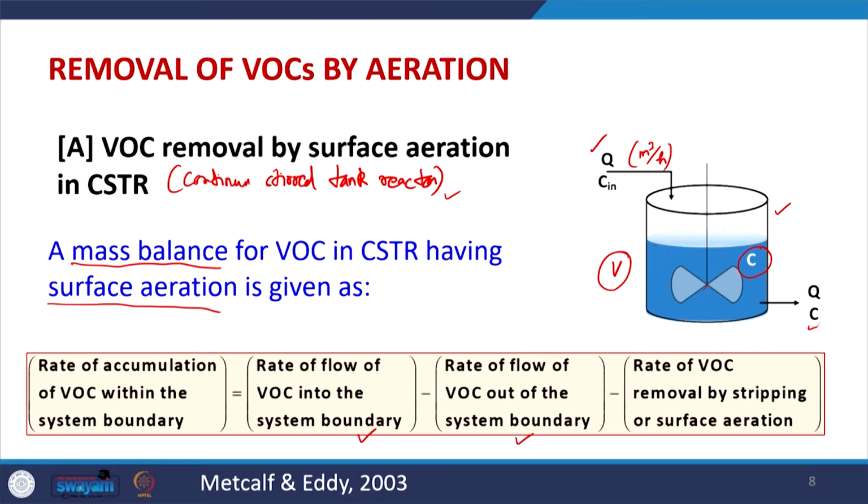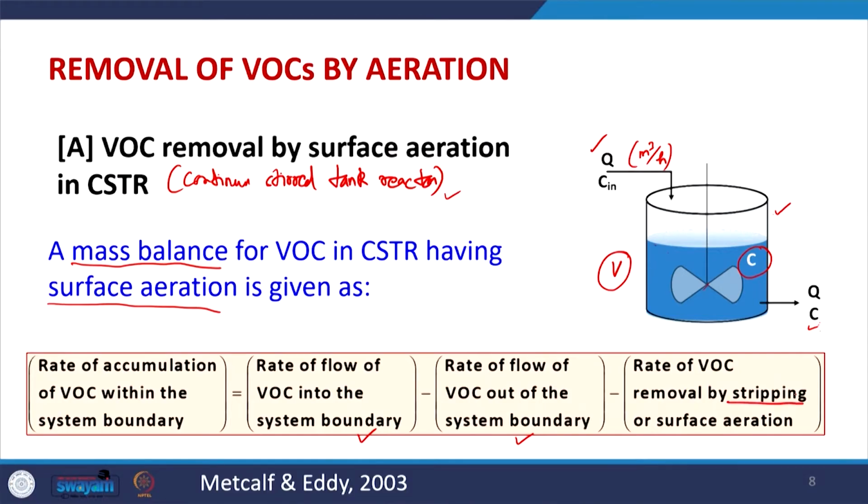And also, because aeration is being done, surface aeration, some VOC will be stripped out of the water during this process. Whatever VOC is coming in, most of it will go off via this process, and the remainder will go into the outflow, and if there is some difference between in and out, that will get accumulated. So, this is the general mass balance equation.